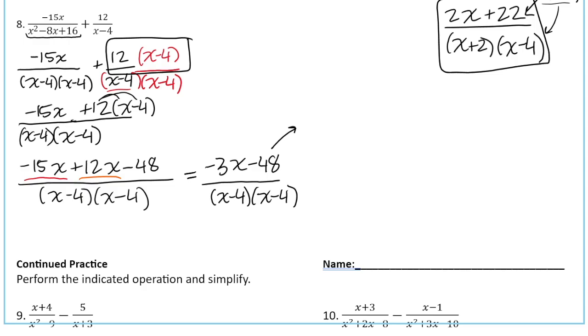I think I can take out, let's see, is 48 divisible by 3? Yes. I could factor this into negative 3 times x plus 16. However, I know that the x plus 16 isn't going to cancel out with anything. So I'm going to leave my answer like this. And that's it. Thank you very much.